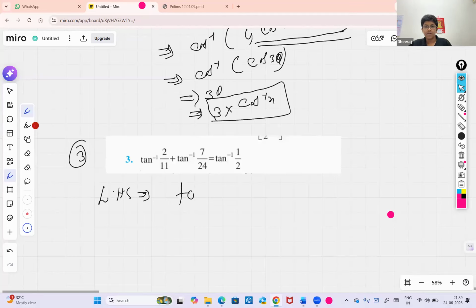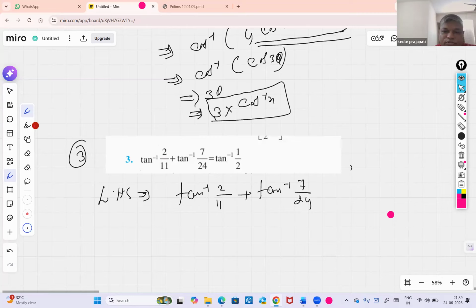LHS: tan inverse 2 by 11 plus tan inverse 7 by 24. Which formula will you use?